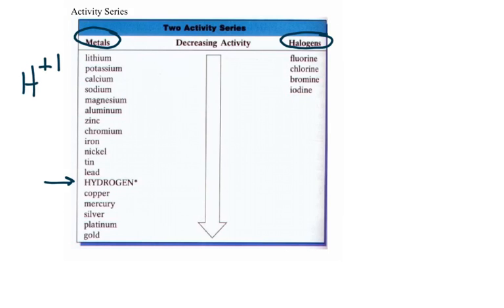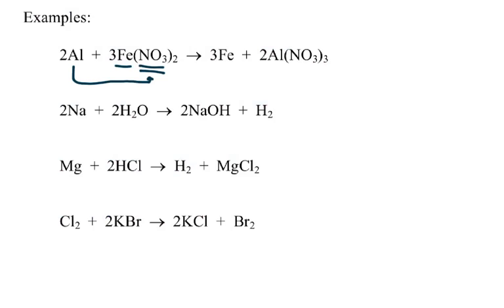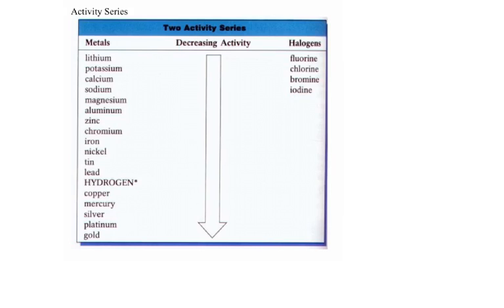Let's go back here for a moment. Let's clear this. And I want you to focus on the two elements from that example. Okay? So if you look here, aluminum is the one trying to cut in. So aluminum is right here, and it's trying to kick out or replace iron. Notice iron is down here.